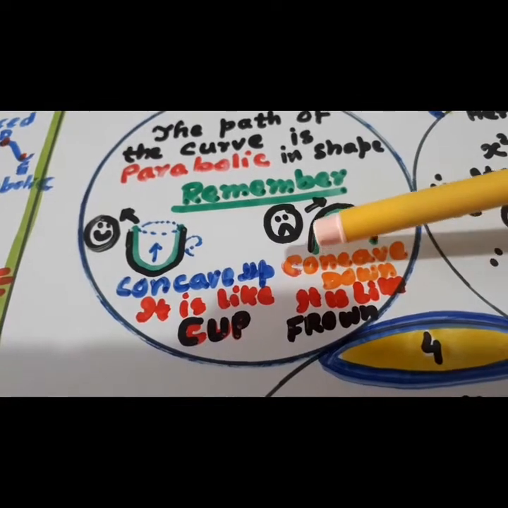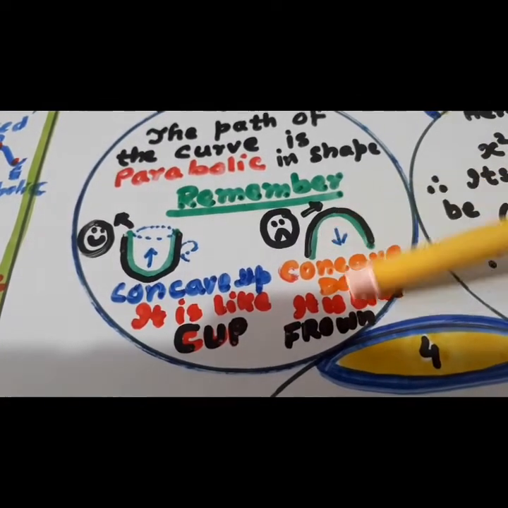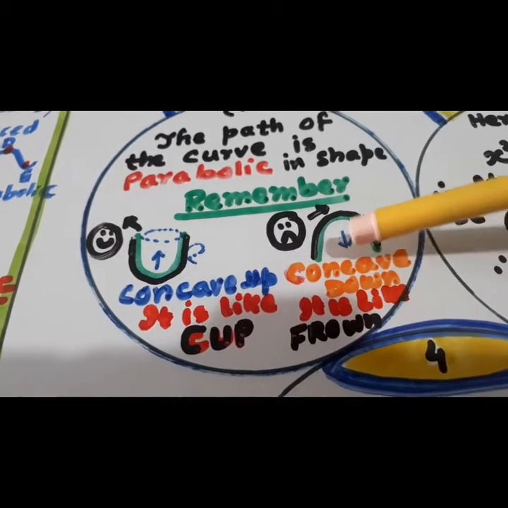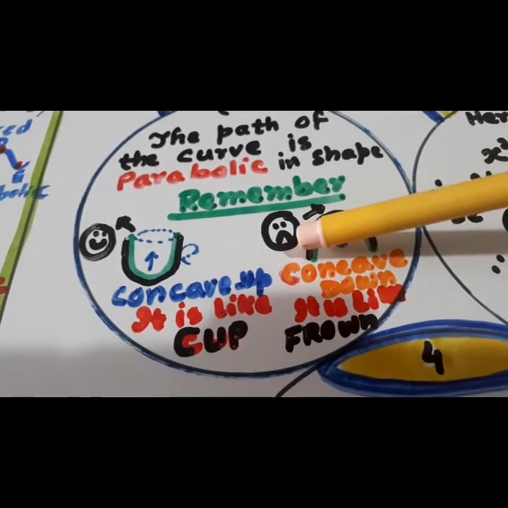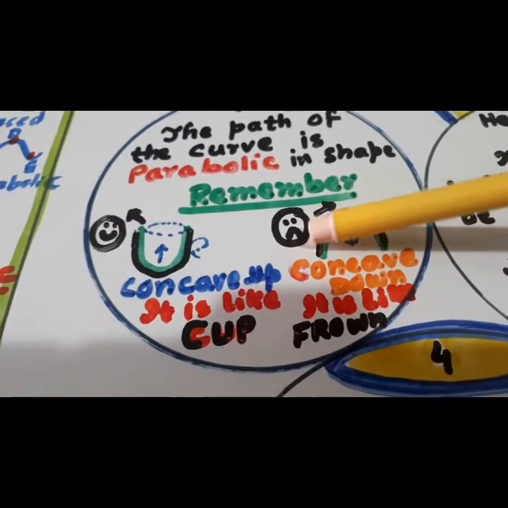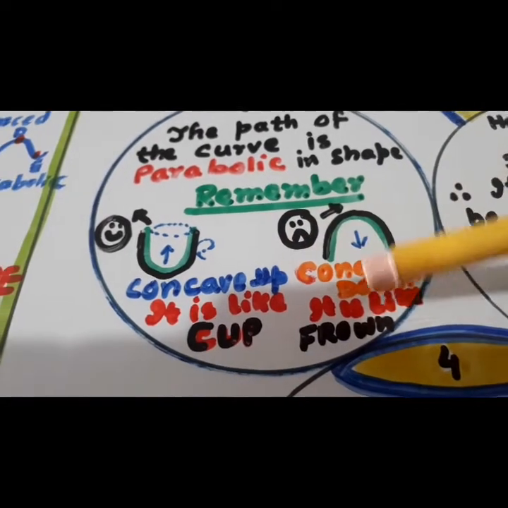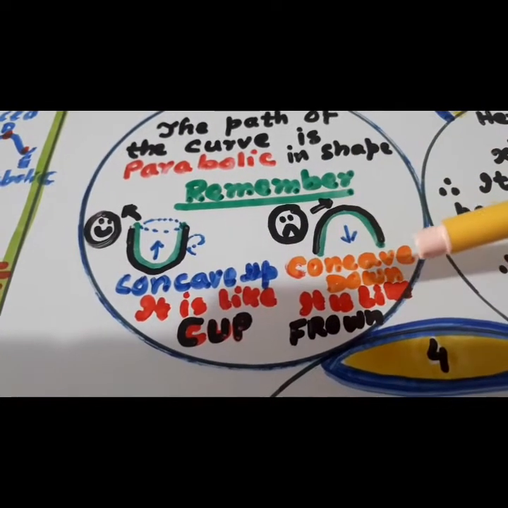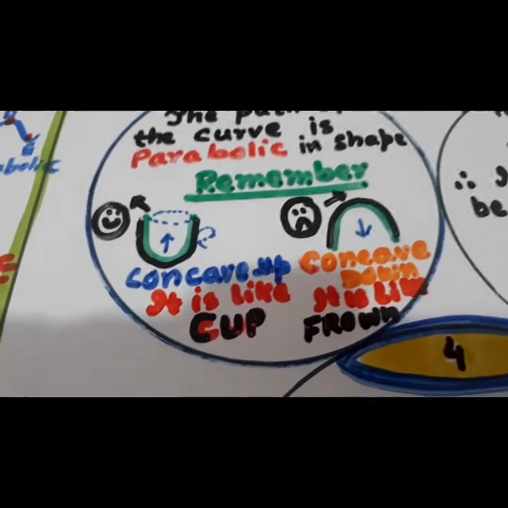Now look here, it is concave down, open downward, it is concave down. It is like a frown. Look at its face, it is in a very angry mood, he is frowning. So when it is concave down, it is like a frown.